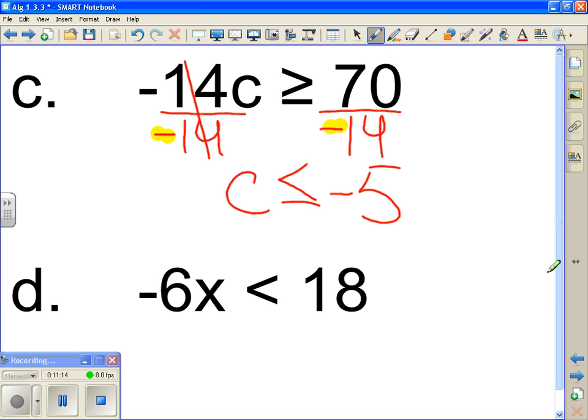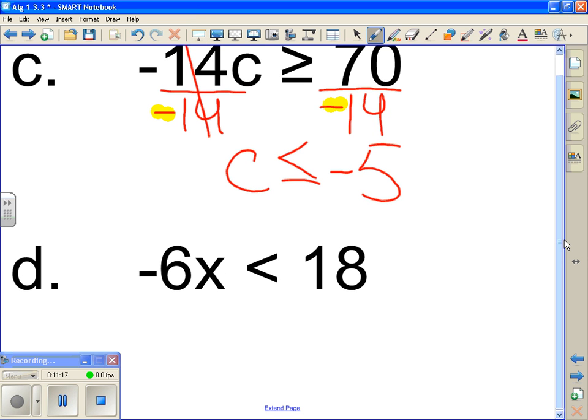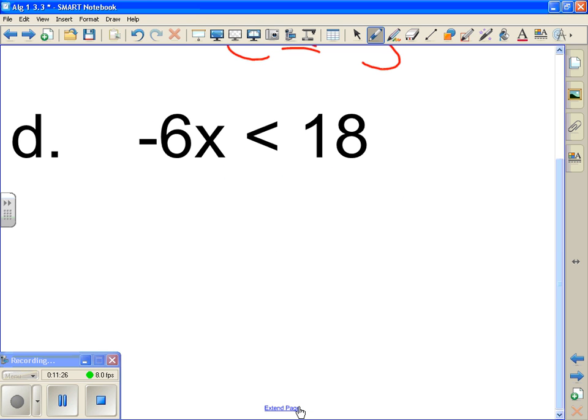All right, last problem. Please do D. All right, so what are we going to divide by?